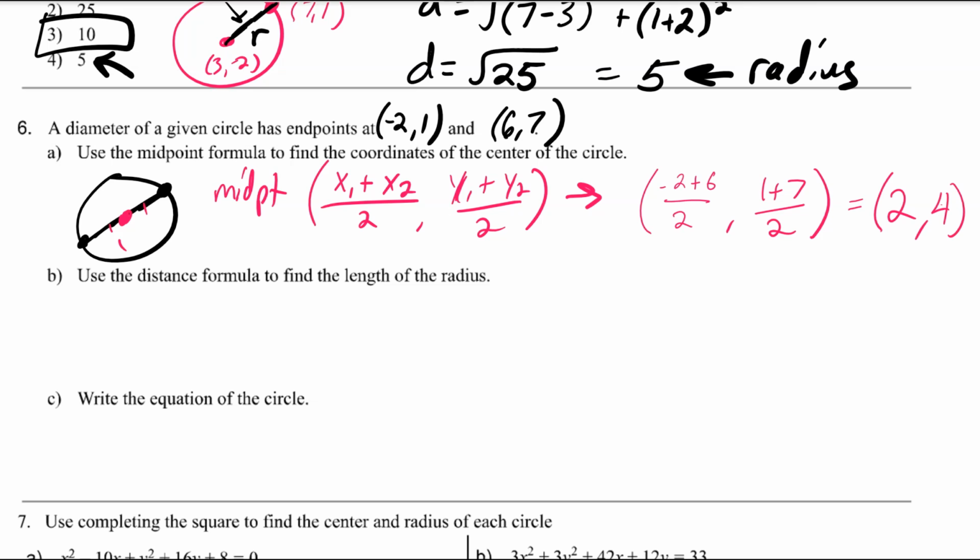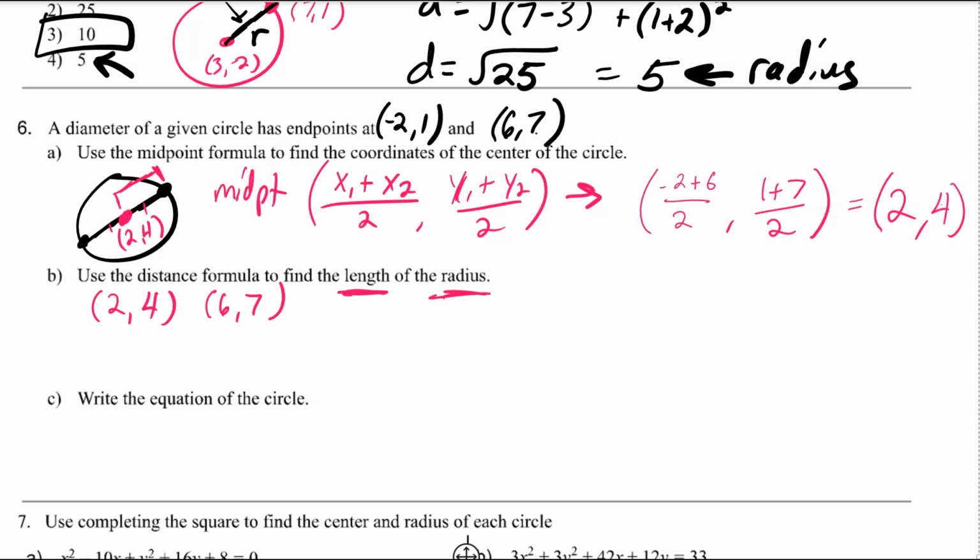So that's the center coordinate there. Now to find the length of the radius, I'm not going to use the endpoints of my diameter. I'm going to use one of my center point, and one of the endpoints. It doesn't matter which one you use, because the radius should be the same length on either side. So I'll pick 6, 7 as my other point.